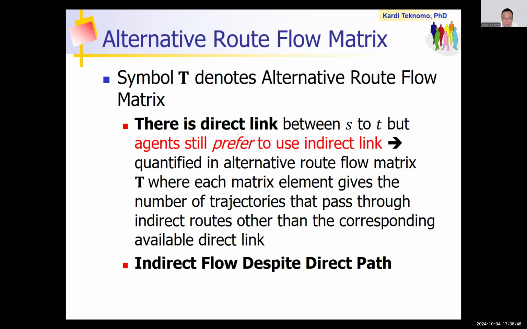That means there is a direct link between the elements of this matrix, between S and T, but the agent still prefers to use an indirect link.